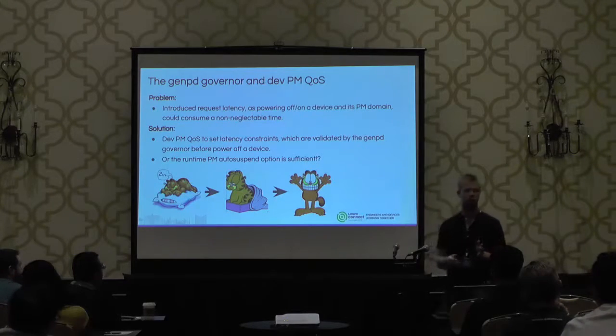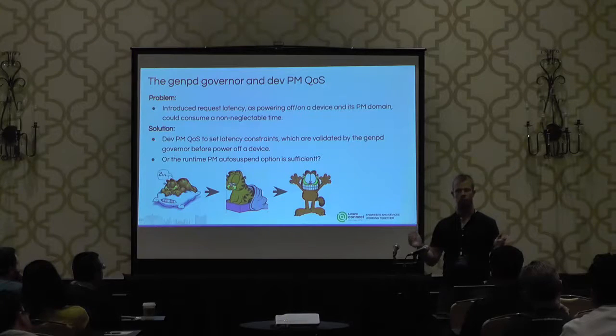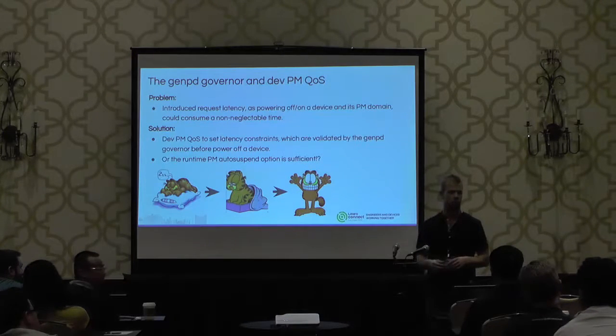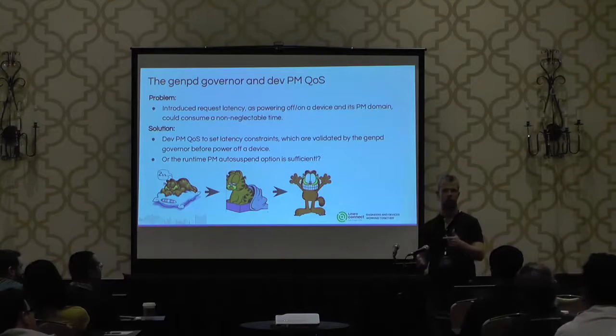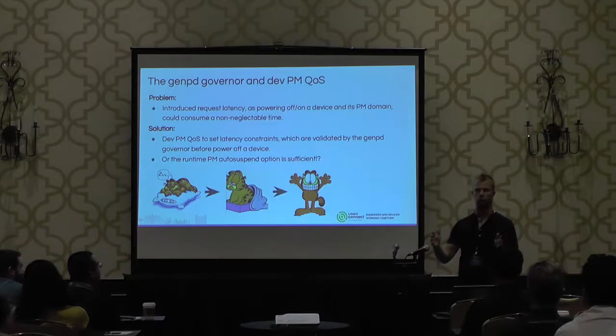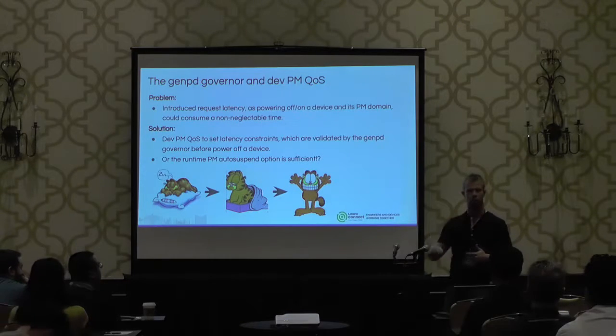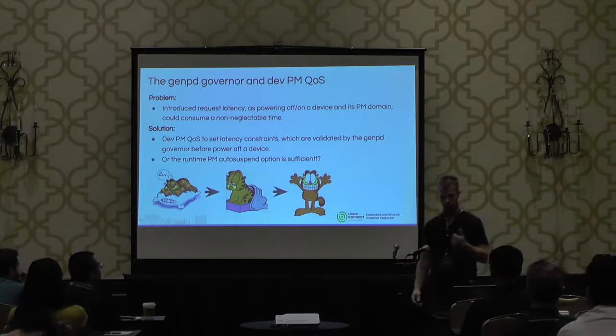So you can set a timer saying that now the device can go idle, but let's wait for, say, 50 milliseconds. If a request comes in within that window, the device is still functional, so you don't have to bring it back up. So that's another option that's being used.